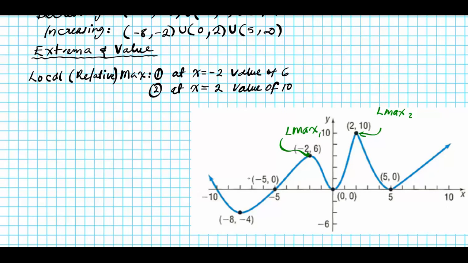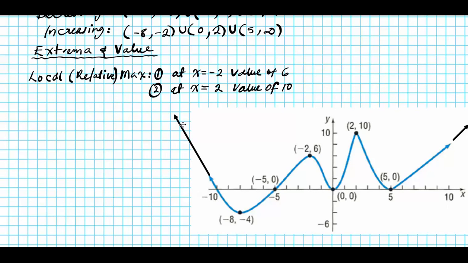Now, do we have an absolute maximum? Is there a point here that's the highest in the entire domain? These two are local, but take a look at the end behavior. This indicates that this function increases without bounds on the left and the right ends. So does this indicate that these values will be exceeded? It certainly does. Is it going to stop increasing?